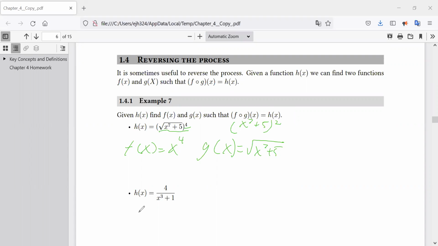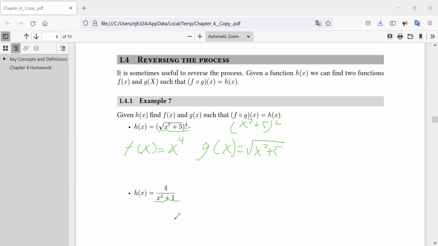What about for this one? Any other ones that come to mind for people? Would you try to break apart the x to the 3rd?